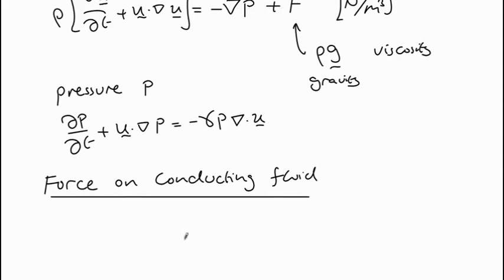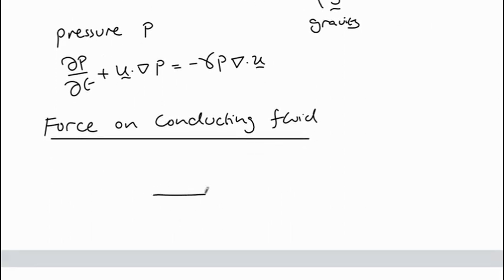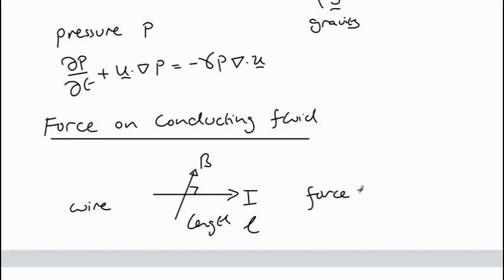For example, in a simple case where you have a current I in a wire, and a magnetic field B perpendicular to that wire, with a length L, the force is just B times the current times the length, in newtons.